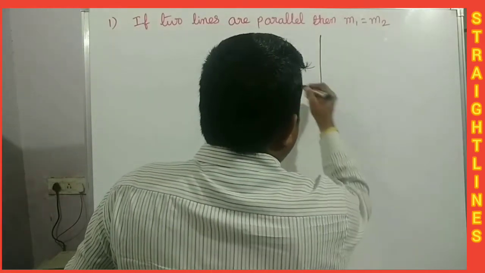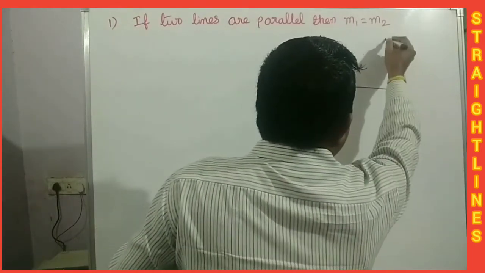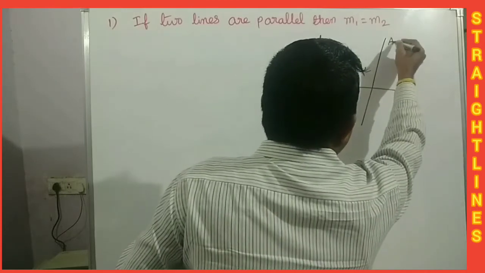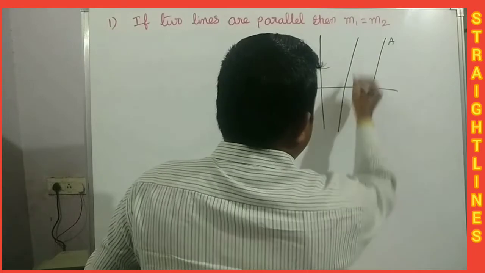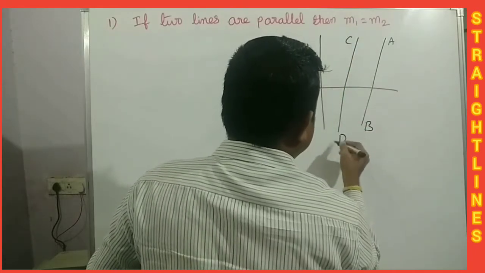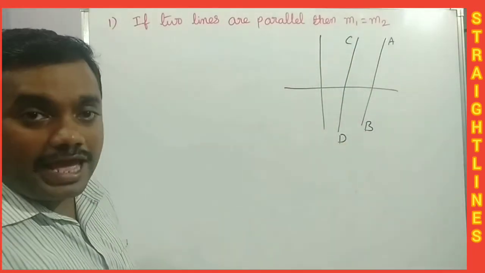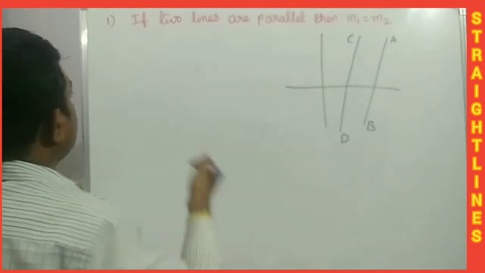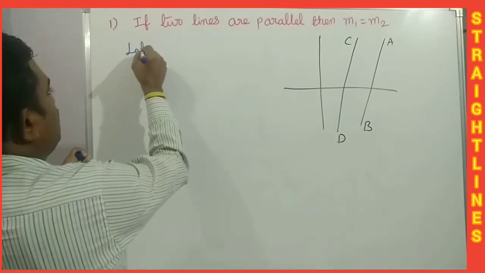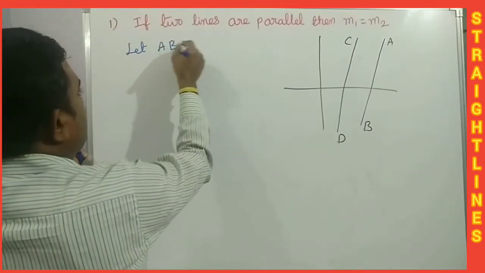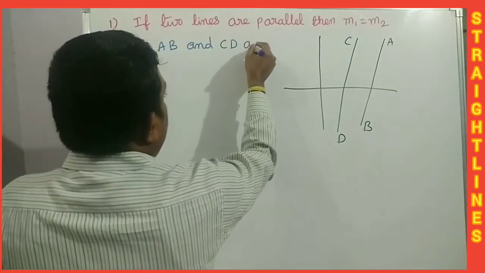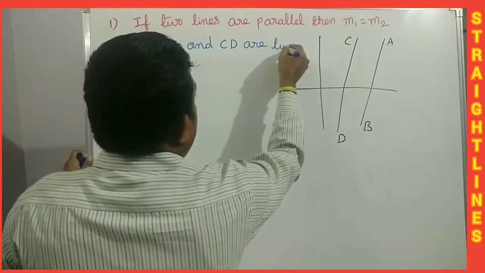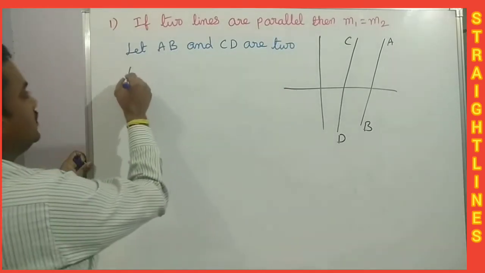Now see here, let AB and CD be two parallel lines.